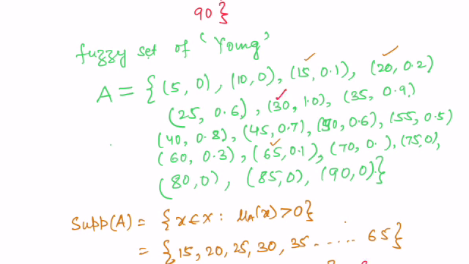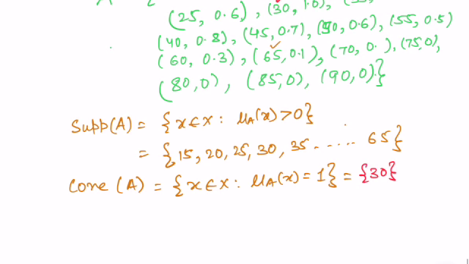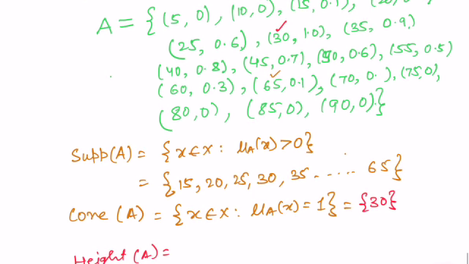So the core is nothing but 30. Next, let us find the height of the fuzzy set. Height is the maximum value. The maximum value which this fuzzy set takes is 1 at 30. So the height of this fuzzy set is 1.